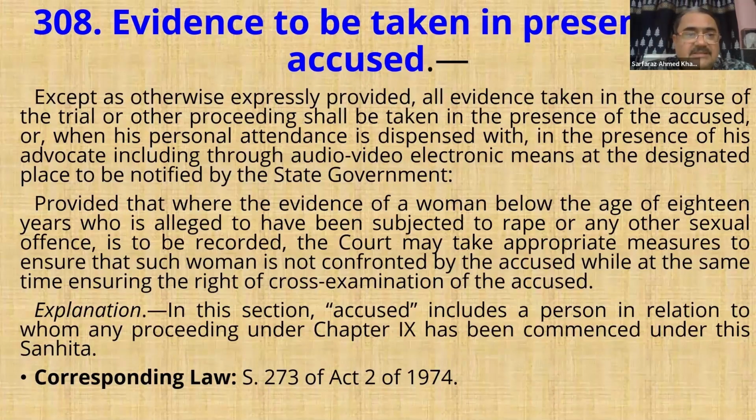So 308 says, except as otherwise expressly provided, all evidence taken in the course of the trial or other proceedings shall be taken in the presence of the accused, or when his personal attendance is dispensed with, in the presence of his advocate, including through audio, video, electronic means, at the designated place to be notified by the state government.